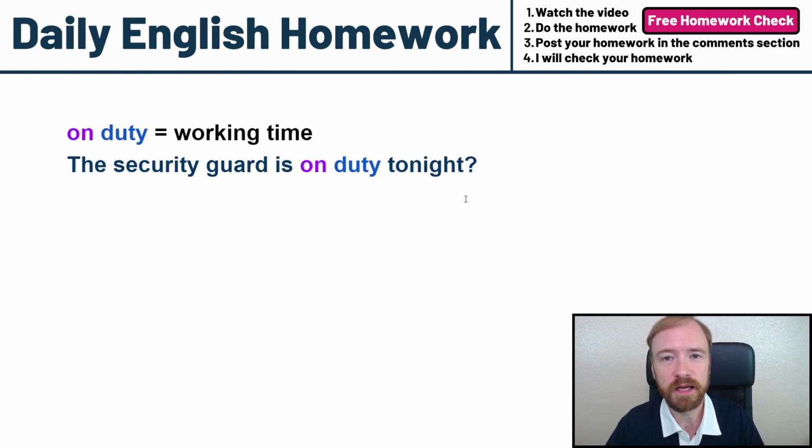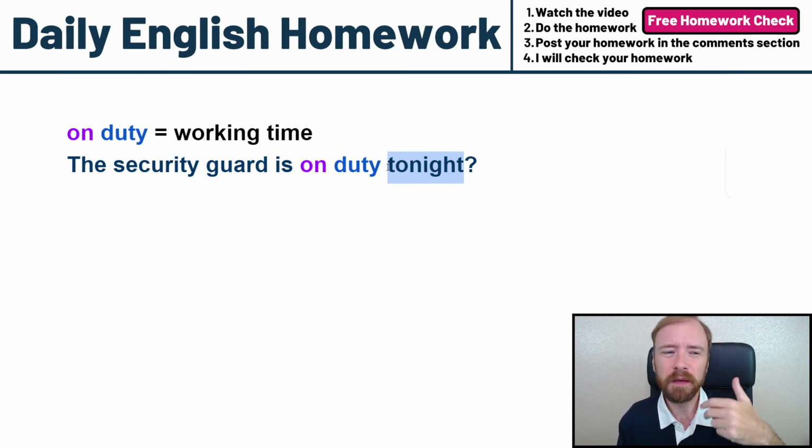On duty, that's your working time. The security guard is on duty tonight. And of course, the opposite would be off duty. So usually we use this on duty: policemen, firemen, security guards, people working those kind of jobs.